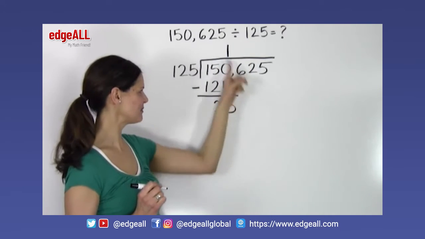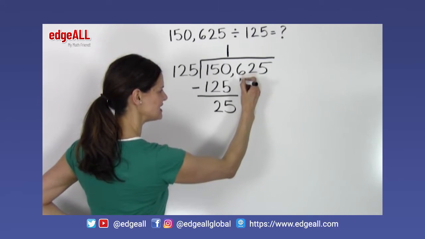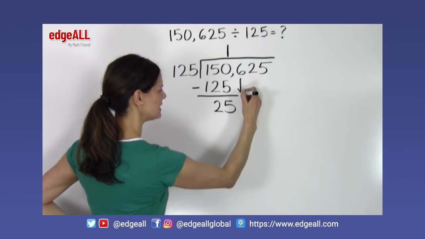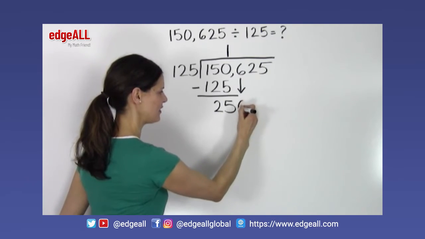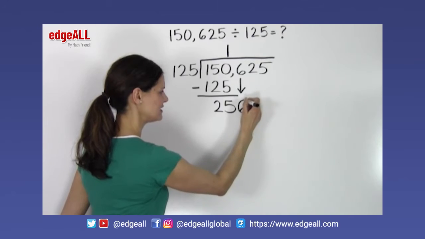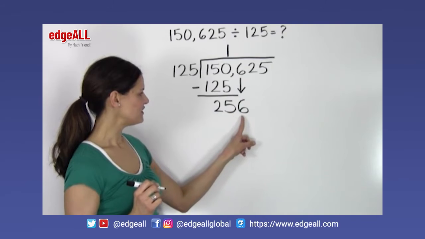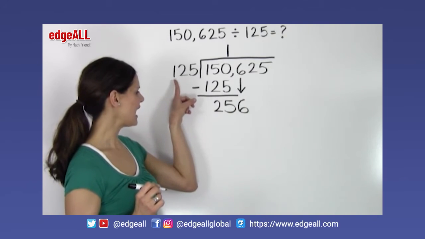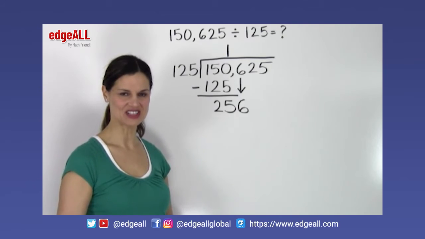I bring the next digit down, this 6, to join the remainder from the previous calculation. So now I have 256 divided by 125 as my next calculation.